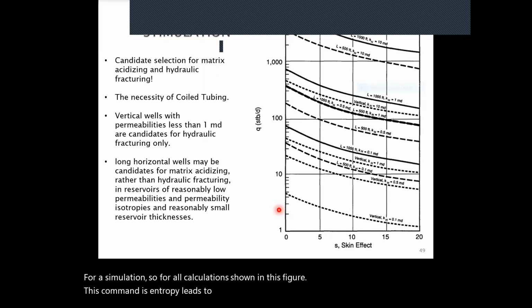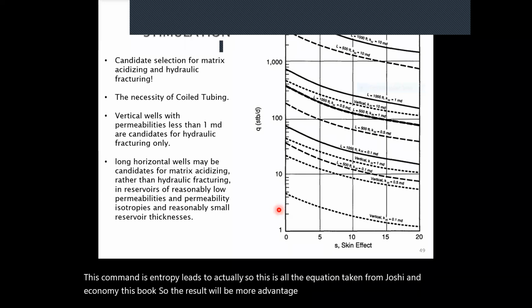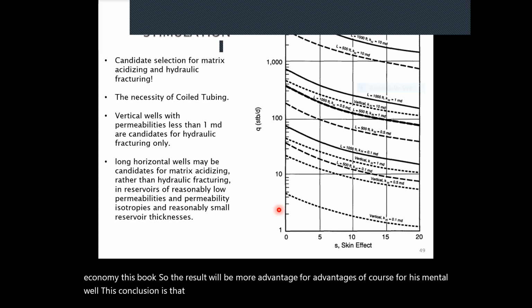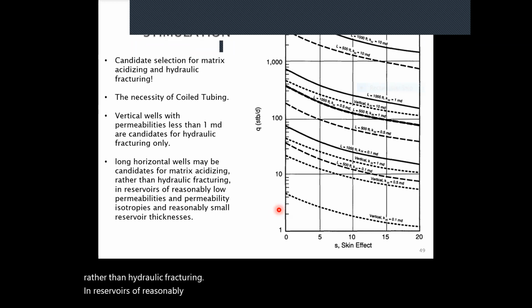So for all calculations shown in this figure, this is all from the equations taken from Joshi and Economides' book. So the result will be more advantageous, of course, for horizontal wells. The conclusion is that long horizontal wells may be candidates for matrix acidizing rather than hydraulic fracturing, in reservoirs of reasonably low permeability, permeability isotropy, and reasonably small reservoir thickness.